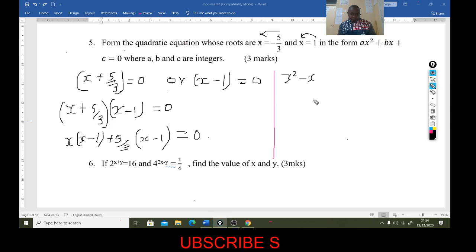Then plus 5/3 times x gives you 5/3 x. 5/3 times negative 1 gives you minus 5/3. All this equals 0.